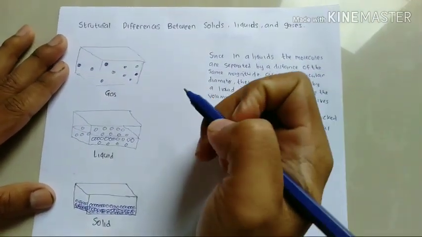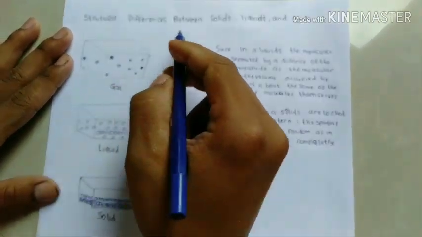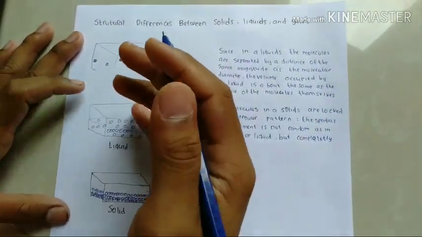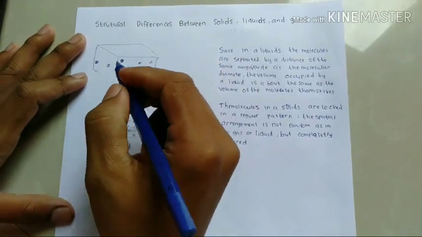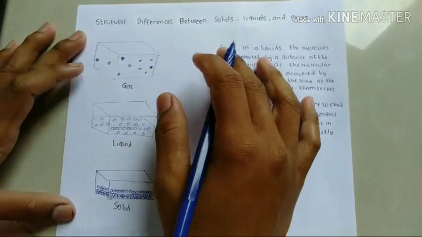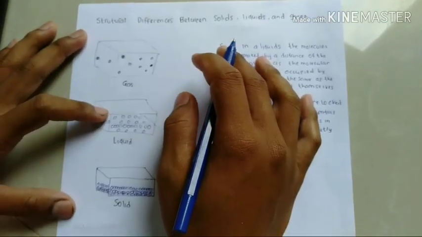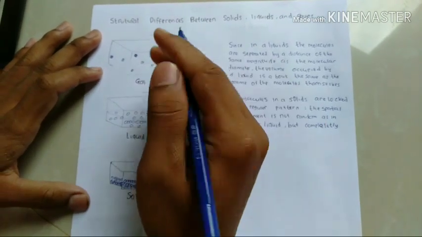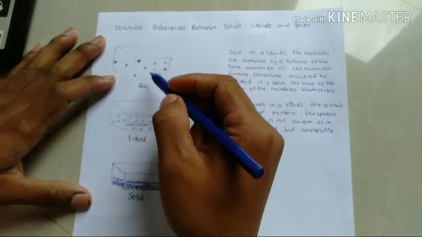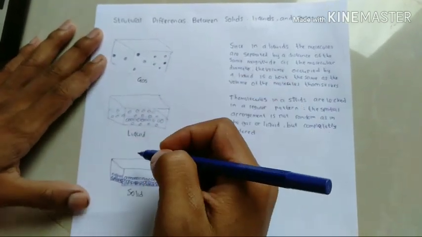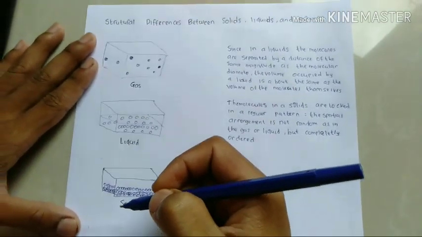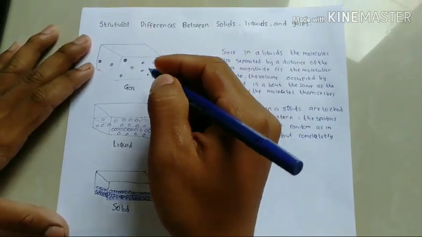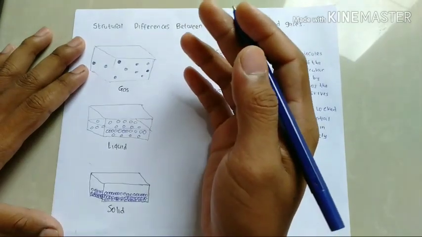Okay guys, the last material: structural differences between solids, liquids and gases. Look at this picture. The diagram below illustrates the molecular arrangement in each phase of matter. This is gas, liquid, solid. Gas: in the gaseous phase, molecular motion is dominant.